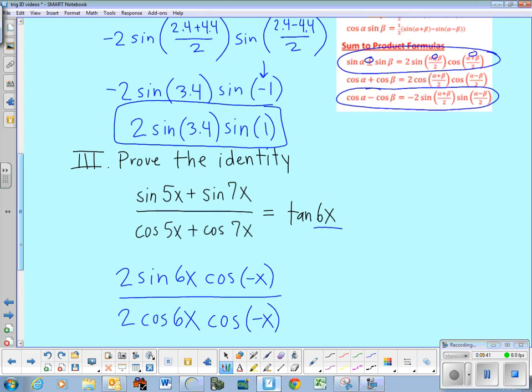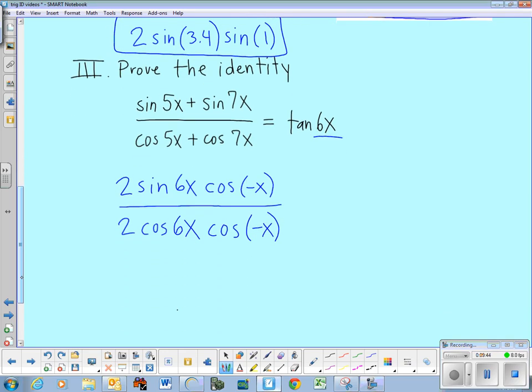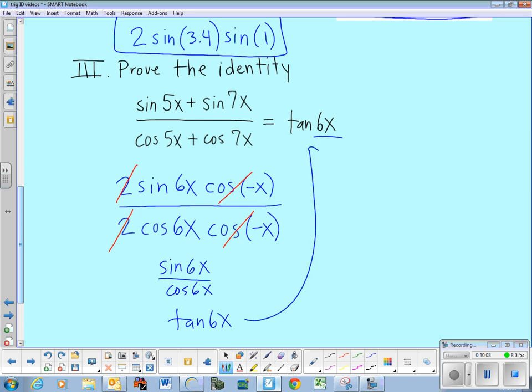Okay, so this is going to get real simple real quick. 2's can cancel. Cosines can cancel. And I'm left with sine 6x over cosine 6x, which is equal to tangent 6x, which is what we wished to prove in the first place.